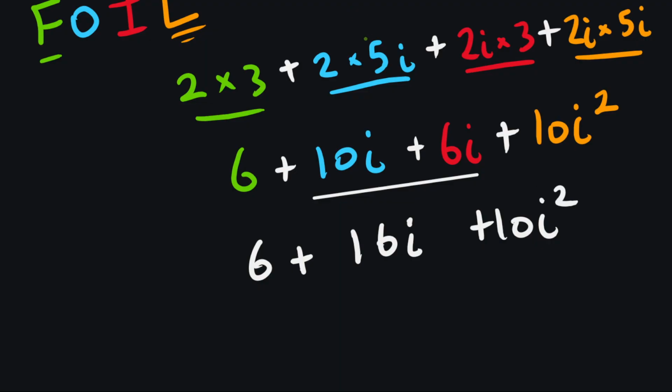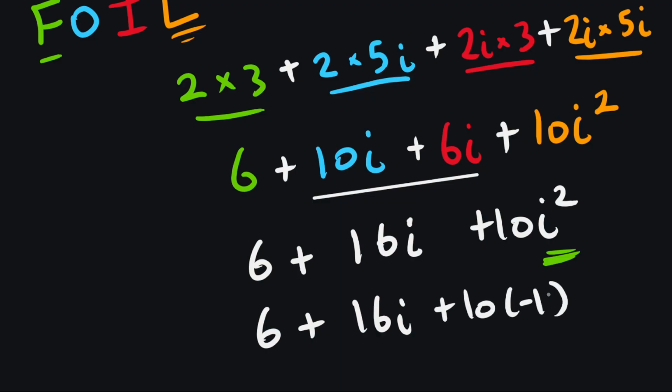And don't forget, what did we say i squared was? i squared is negative 1. So let's substitute i squared for negative 1. So we have 6 plus 16i plus 10 times negative 1. What's 10 times negative 1? That's negative 10. So let me actually just write negative 10 right here.